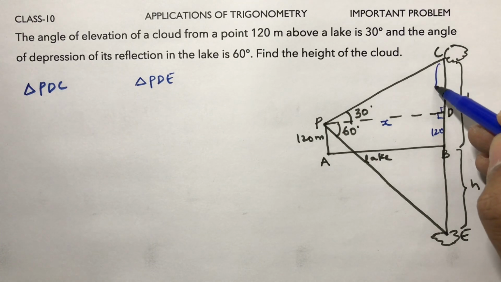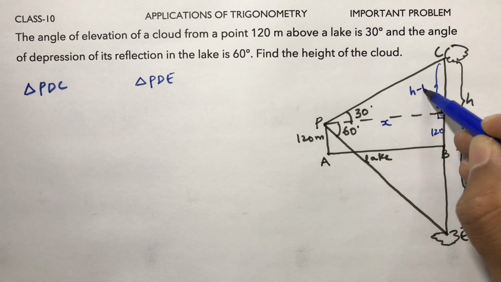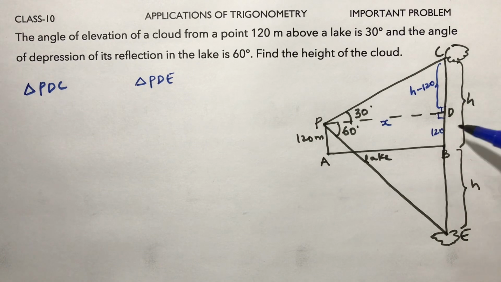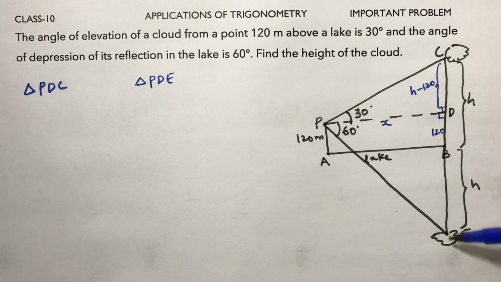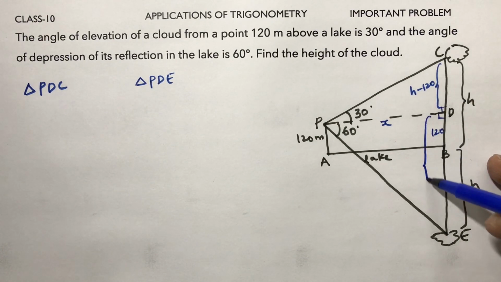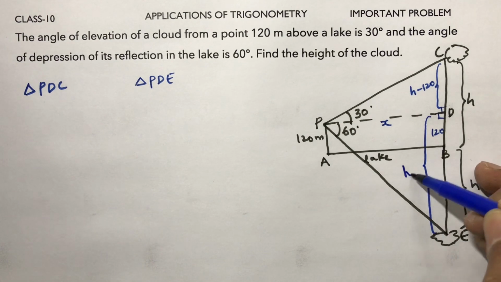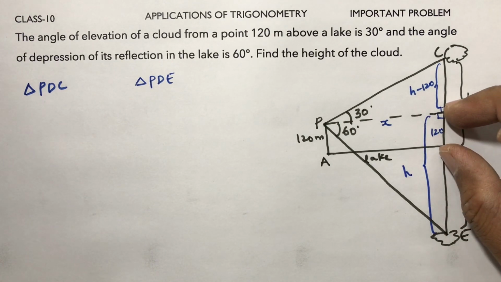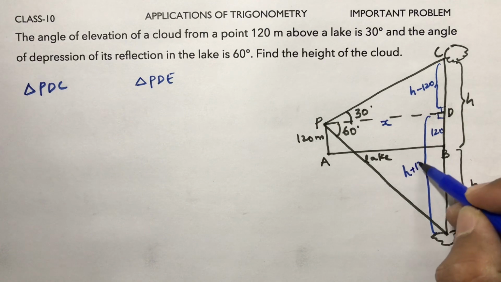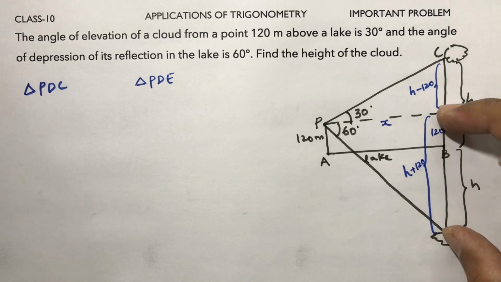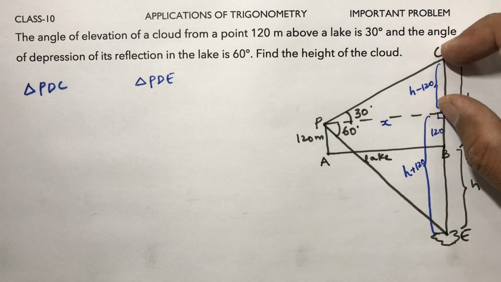So this CD will be H minus 120. And if you see carefully, this DE will be H plus 120. This is H and this is 120. So DE is H plus 120 and this value is H minus 120.